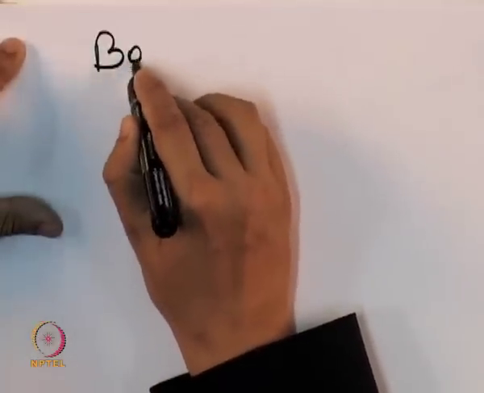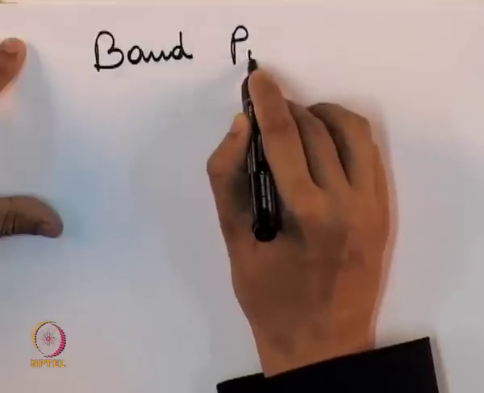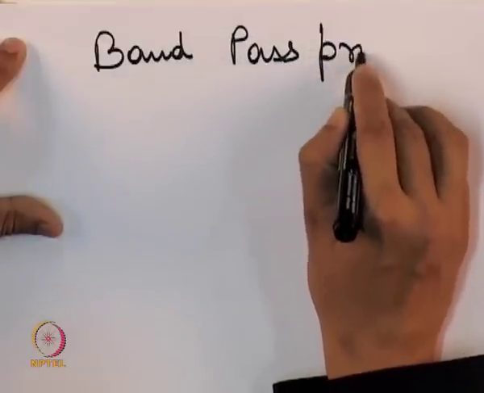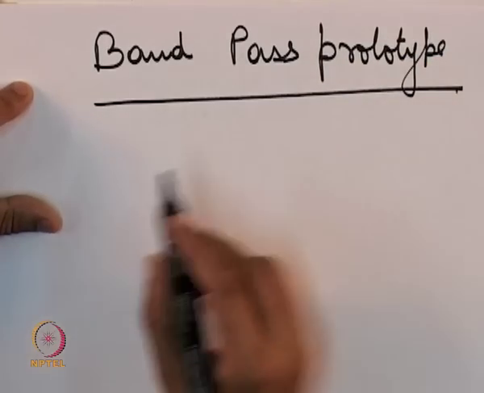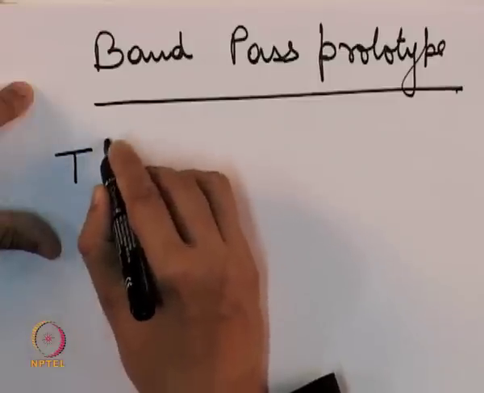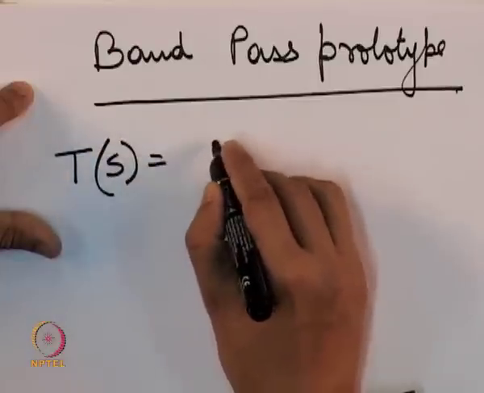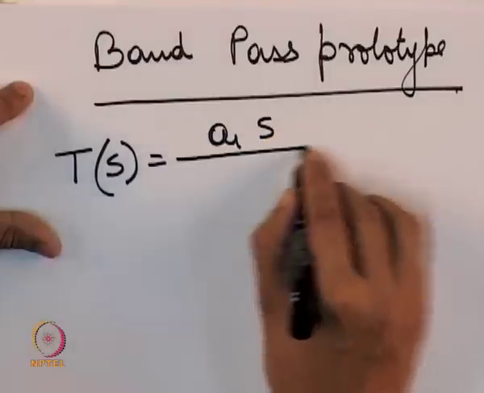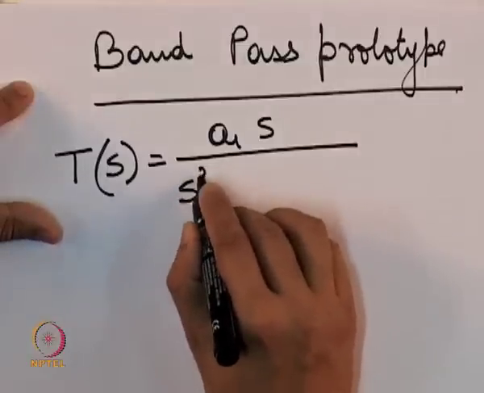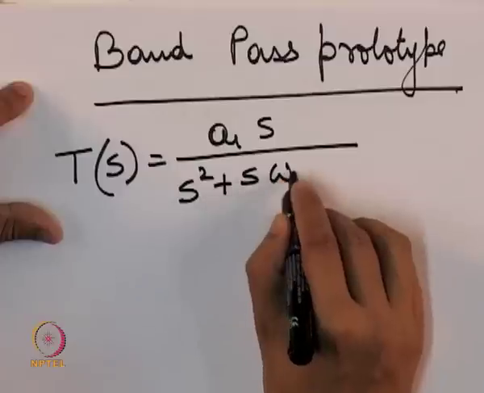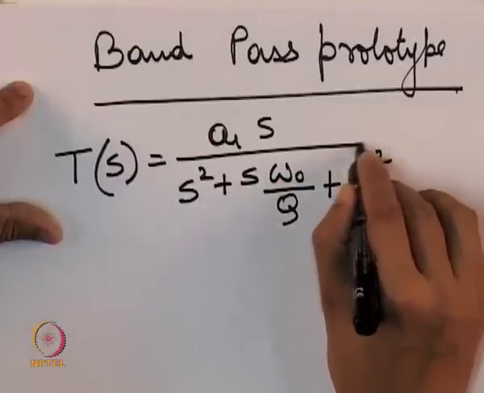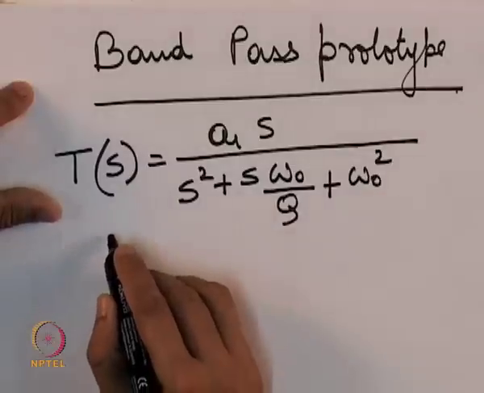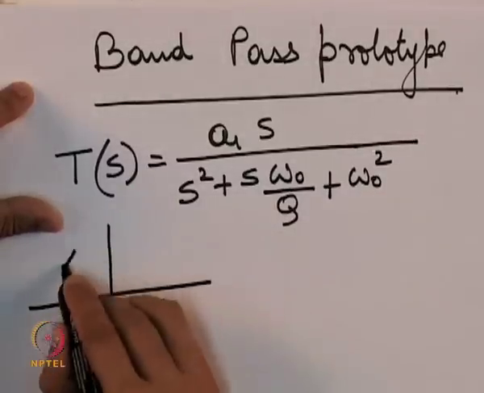For the band pass prototype, the pole locations are the same.